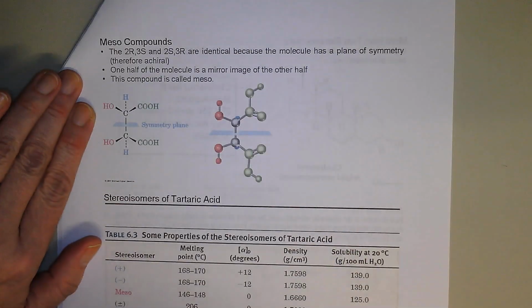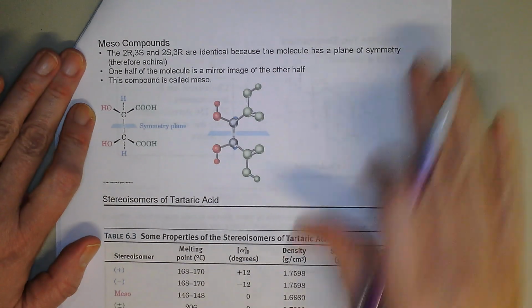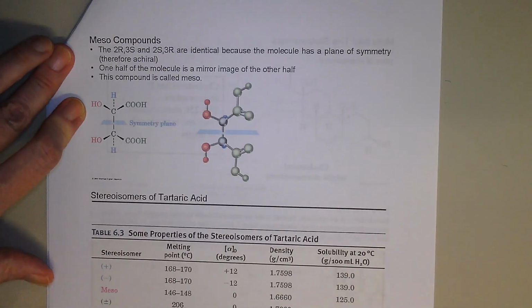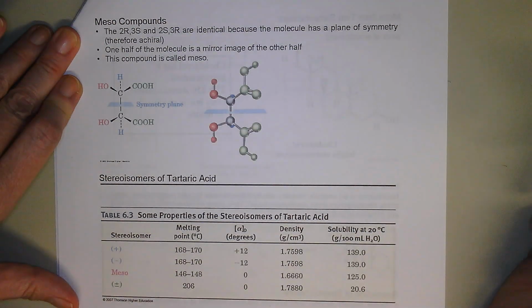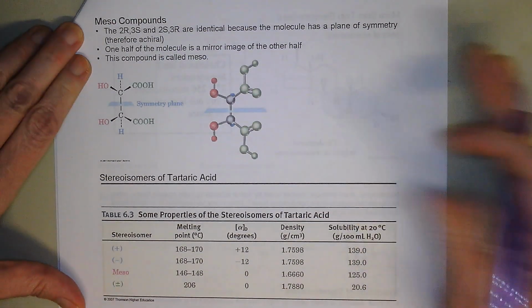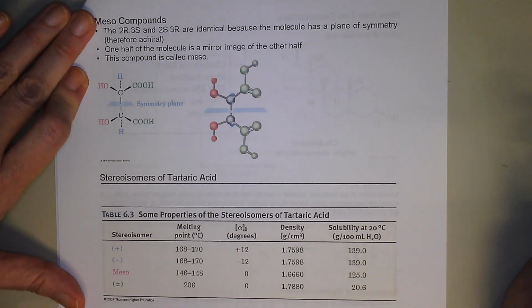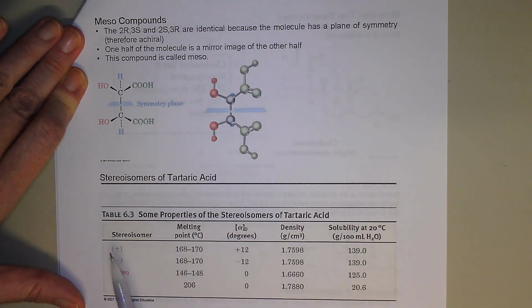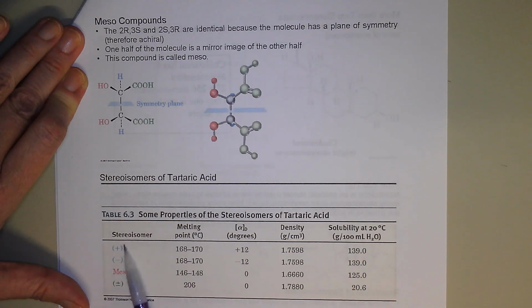Okay, so now it's important to note, many stereoisomers will have different physical properties, okay? But enantiomers will have the exact same. So if you have a positive and negative, like an R and an S enantiomer, they have the same physical properties.